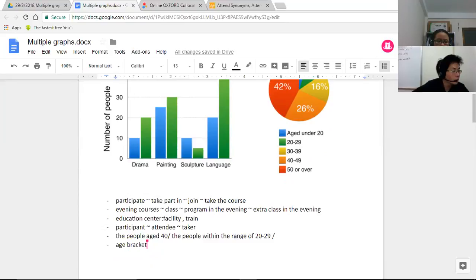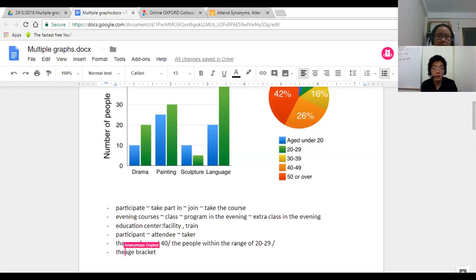Something within a particular range. We have the 30 to 34 age brackets, or the price bracket. So it is the 30 to 39 age bracket.